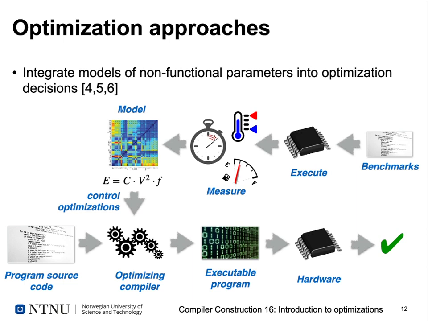So to select some sort of shift instead of a multiplication, or, for example, to maybe change some order of code around. And using this model, then actually you can inside of your optimization process already apply this model instead of doing it in the feedback loop, and then generate an optimized executable program in one step without getting any feedback, and then you run it on the hardware, and then you're hopefully happy.